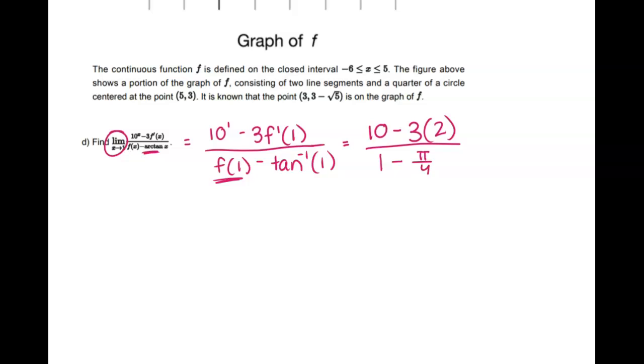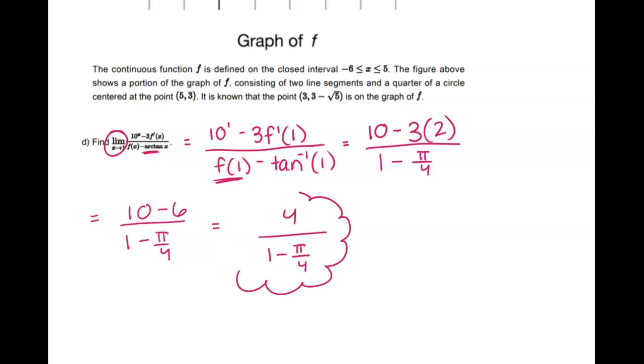That's pi over 4. So now we can simplify this a little bit. We get 10 minus 6 over 1 minus pi over 4, which is 4 over 1 minus pi over 4. Since it's calculus, we don't need to simplify it or make it look any prettier.